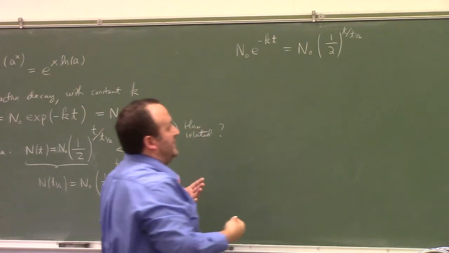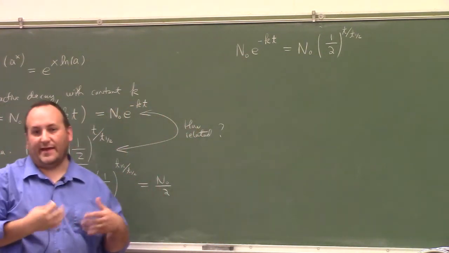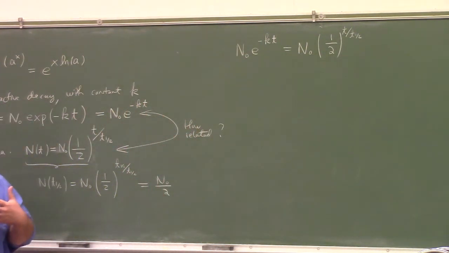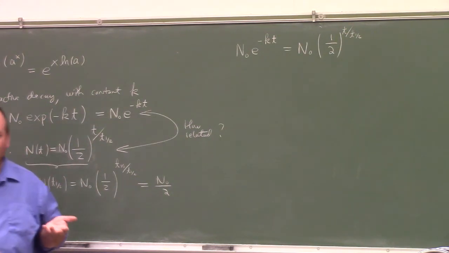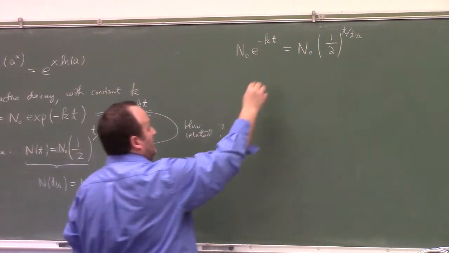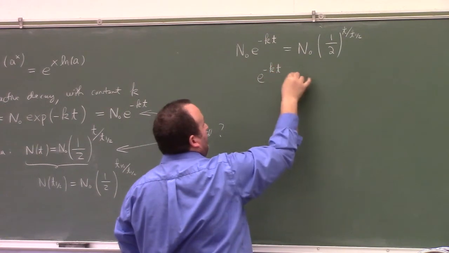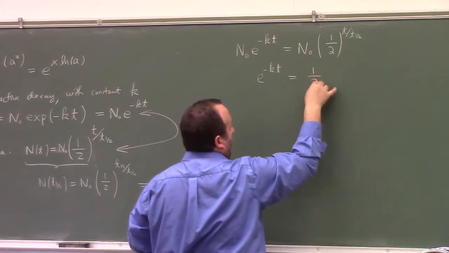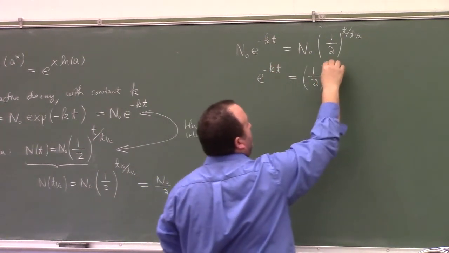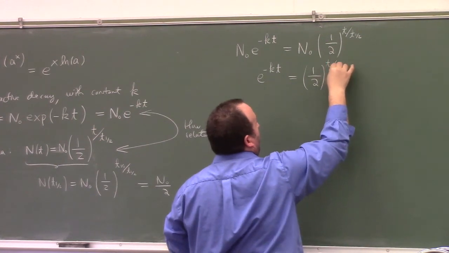So really the question I'm asking is, how are k and the half-life related? The first thing you notice is that the n sub 0 you can just cancel out. That's not part of the story. So we're trying to understand how e to the minus kt relates to 1/2 to the t over t 1/2.